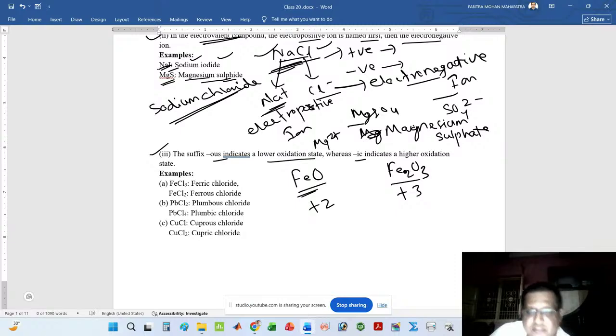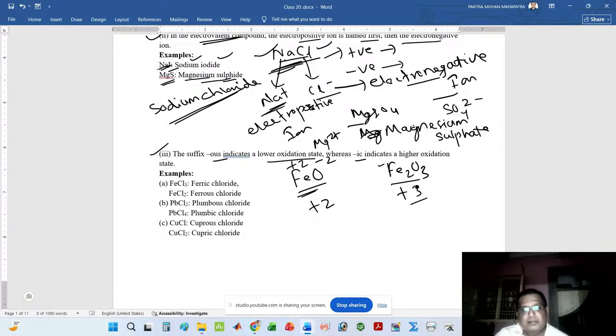I already discussed in the previous class how you can calculate the oxidation number by using different rules. Here the oxygen having the fixed oxidation number, that is your minus 2. So for balancing, here the iron having plus 2 oxidation state. Similarly, in Fe2O3, the oxidation number of iron is plus 3.